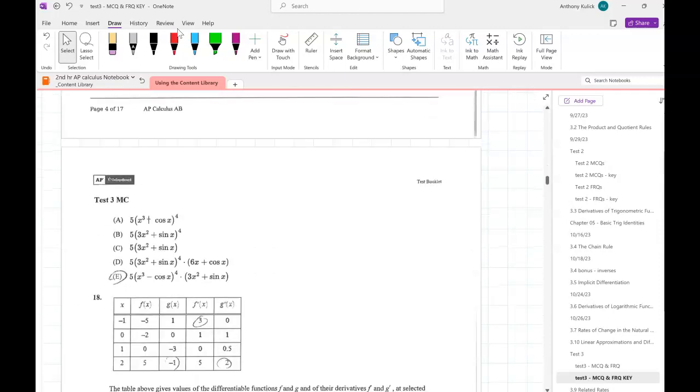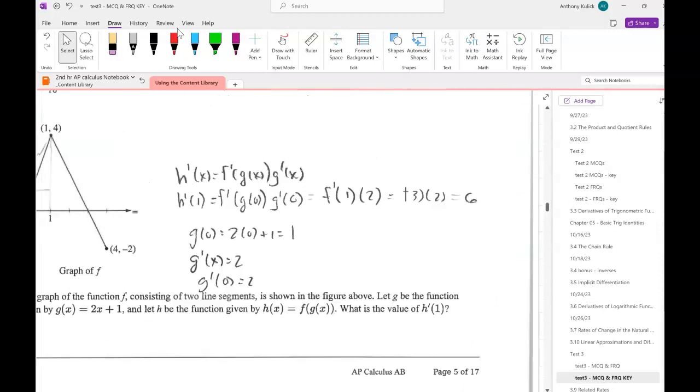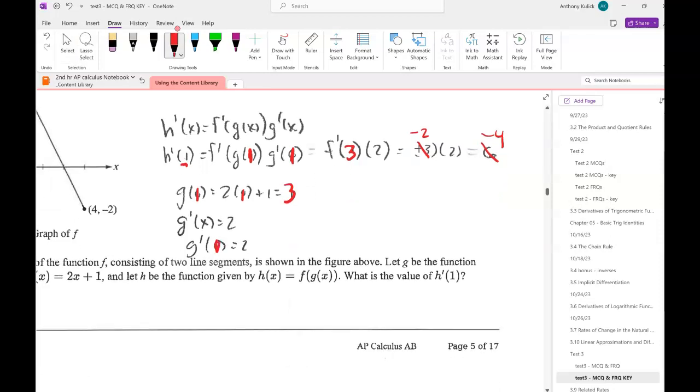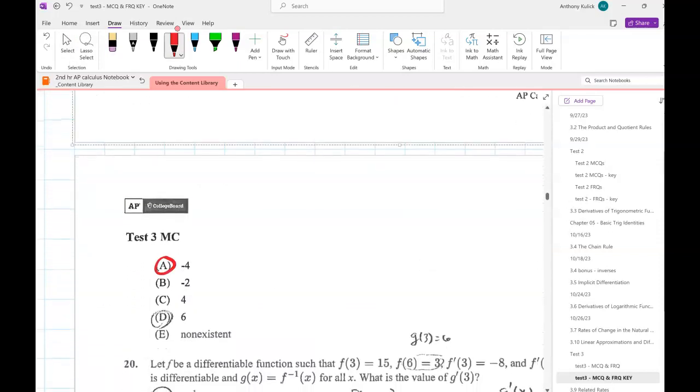Yeah, it was 19. So look at what I did. I should have written that as ones. So that's supposed to be a 3. That's supposed to be a -2. So that should be a -4. So this should be A, not D.